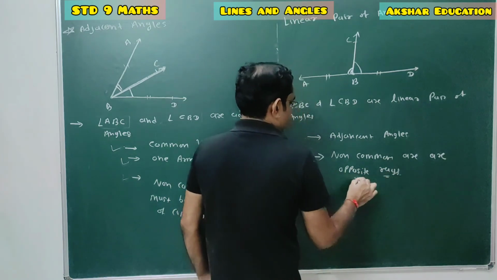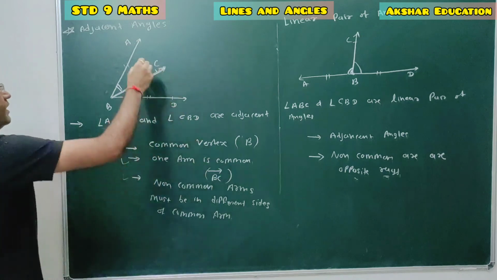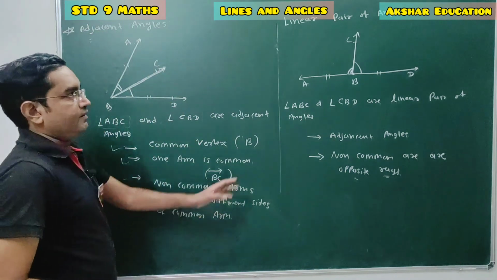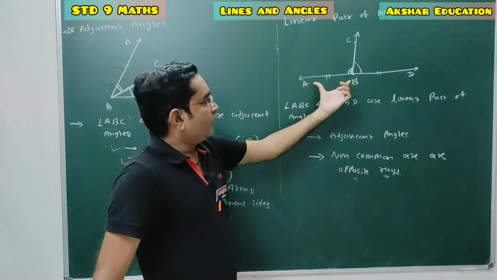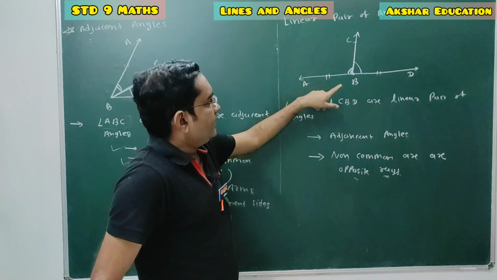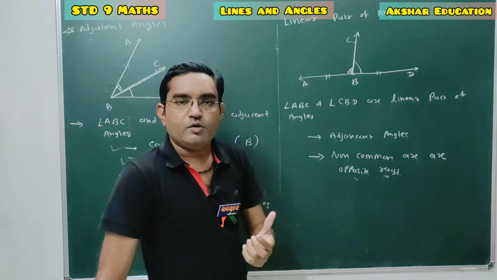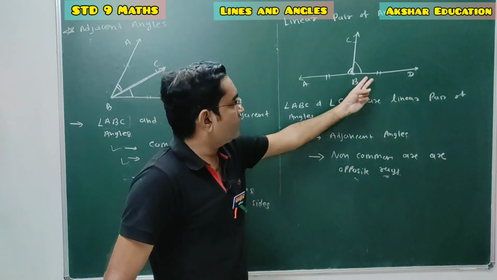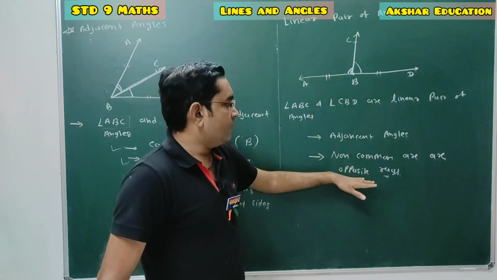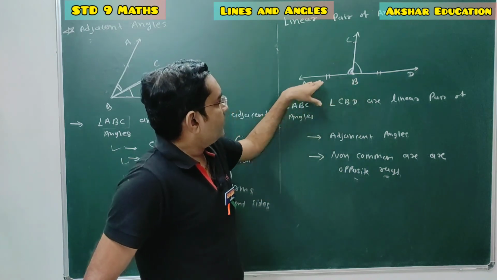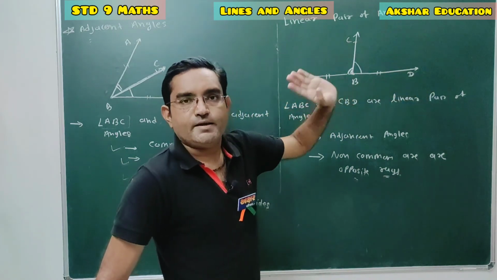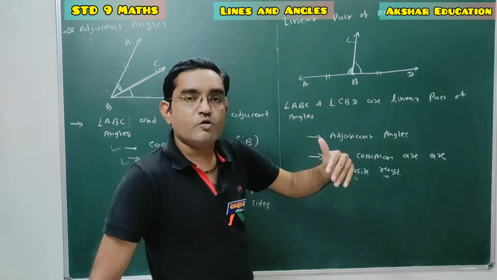This is the extra condition that is added into the adjacent angle, and then it will become linear pair of angle. Check this one. These are the non-common arms. Ray BA and ray BD are non-common arms, and that non-common arms are opposite rays and a common endpoint, but both the rays are in opposite direction. So that rays are known as opposite rays.